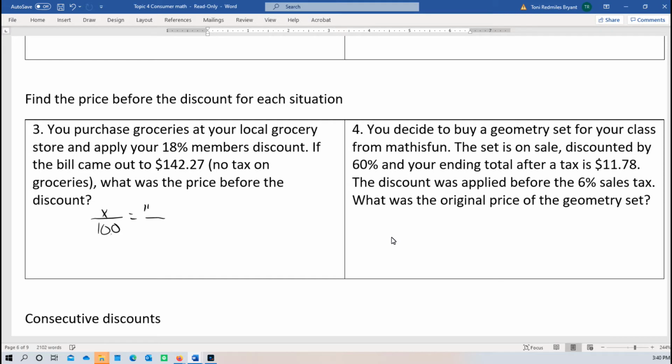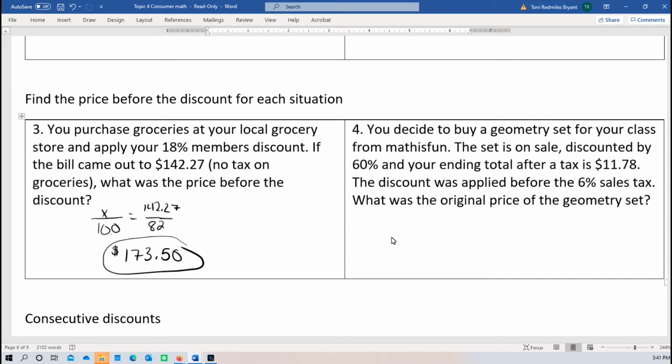But after the discount, which was only, let's see, 100 minus 18 is 82, only 82% of the cost, we should have paid before our discount $173.50. Thank goodness for discounts.